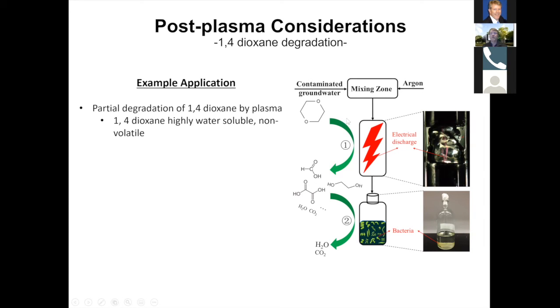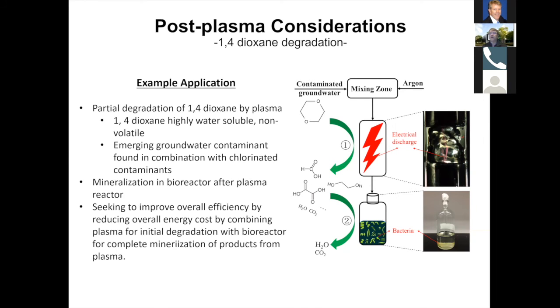And so what we're doing in the plasma reactor, we're flowing through the plasma reactor with a very short residence time, and it's able to do the initial step, which is to create biodegradable organic acids and other compounds that can then be fed to a bioreactor, and where the final mineralization occurs. And that saves significant energy, because it does take energy to make the plasma, but we don't want to use that plasma to take the 1,4-dioxane all the way to mineralized products.